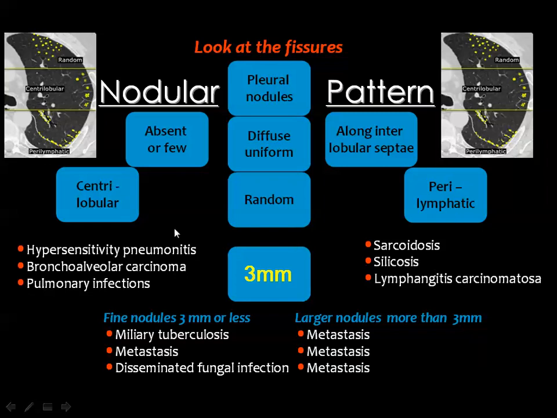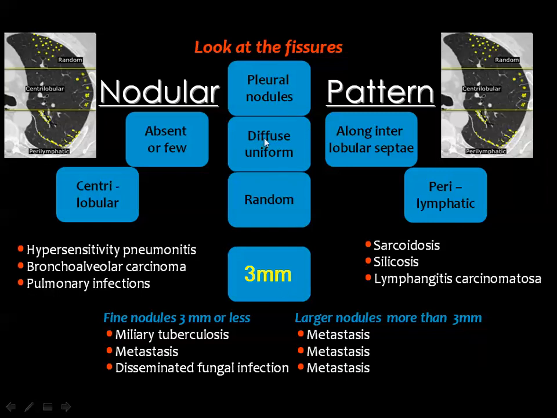Okay. If the nodules are distributed in the center of the lobule, then you are dealing with one of three: hypersensitivity pneumonitis, we have dealt with before; bronchoalveolar carcinoma, we have also dealt with before; and sometimes some types of pulmonary infection.